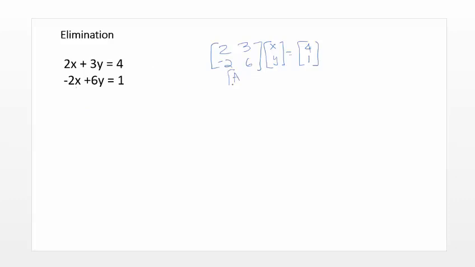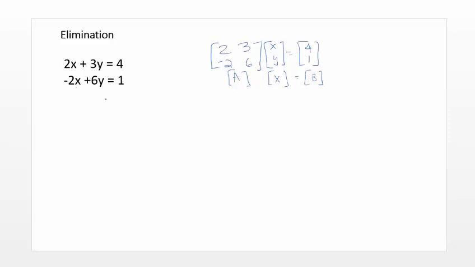This is often written as an A, and this is a vector X, equals a B. So it's also written that way. If it was typed up, these would be bold letters, but I can't type on here very well, so I'm handwriting, so then it's okay to put these brackets around it.